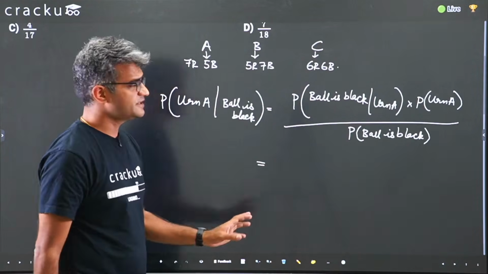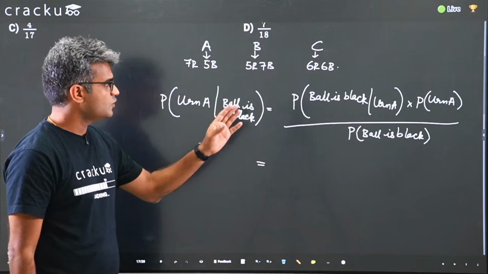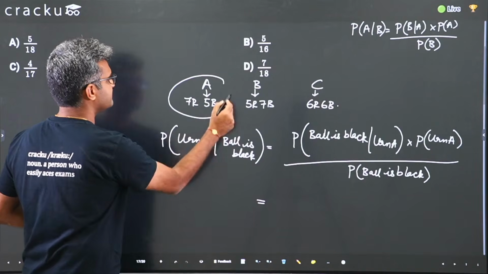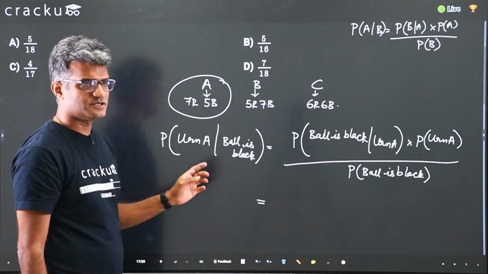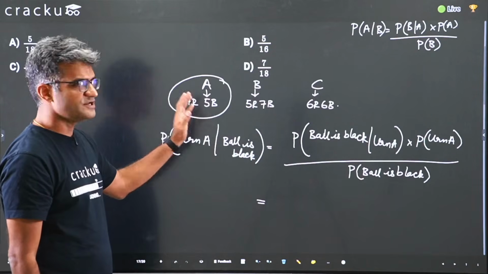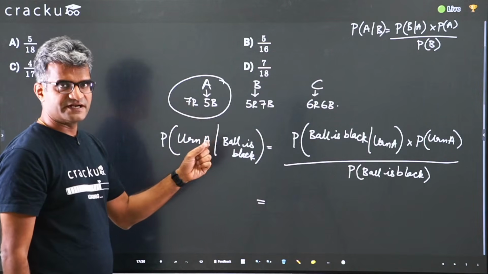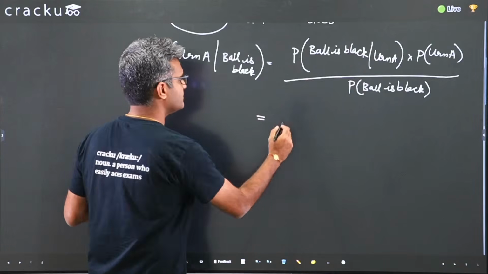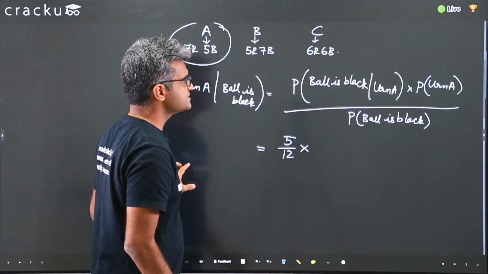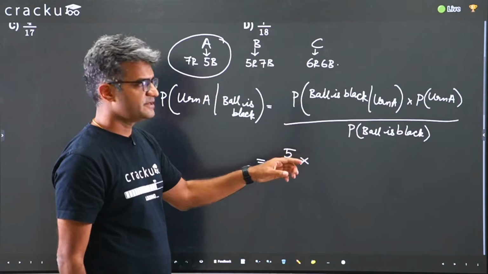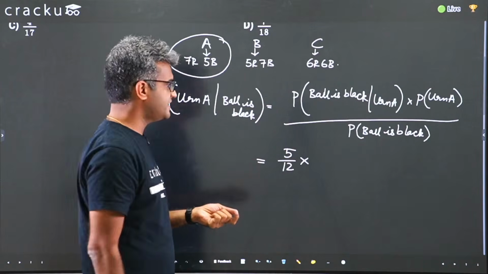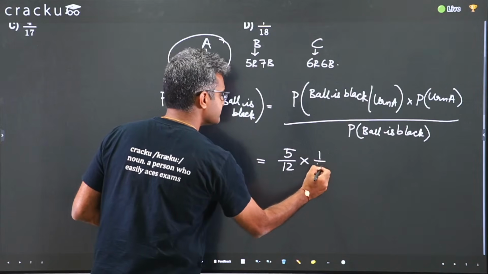If you are told that the urn selected is A, what is the probability that the ball is black? There are 5 black balls and 7 red balls. Total number of balls in each one of them is 12. So the probability that the ball is black, given that the urn selected is A, is 5 by 12. Now what is the probability that the urn selected is A? It can be either A or B or C with equal probability, and that probability will be 1 by 3.